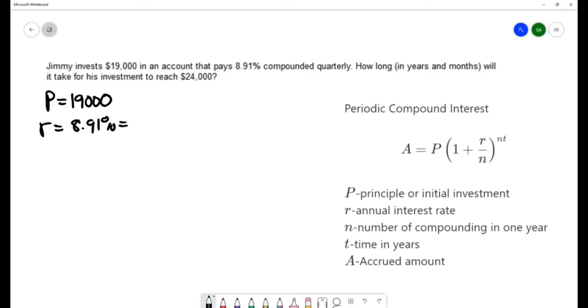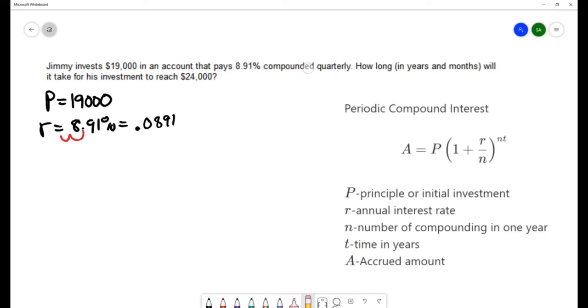We put it in its decimal form. So I'm going to move that decimal point 2 places to the left, and the decimal form of 8.91% is 0.0891.